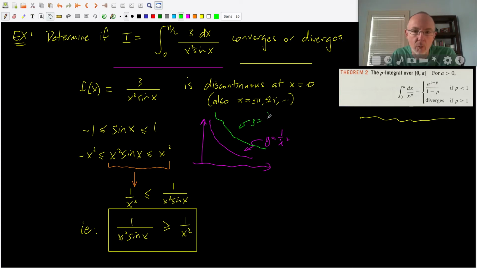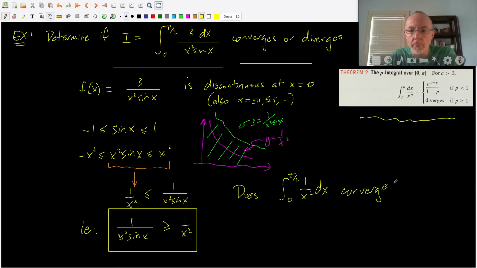There's the graph of 1 over x squared sine. So just intuitively, how does the area under the green curve compare to the area under the purple curve? Well, it's bigger, right? And we know something about 1 over x squared. So does this integral converge? Does the integral between 0 and pi over 2 of 1 over x squared dx converge?